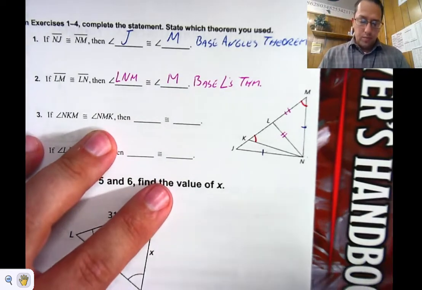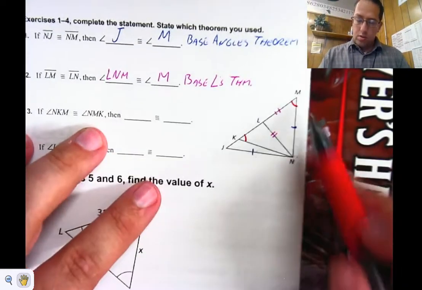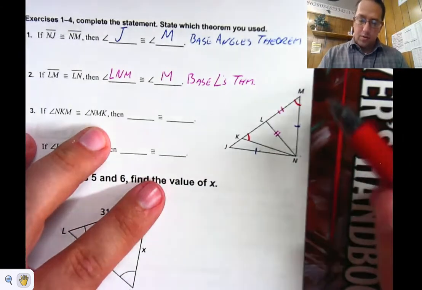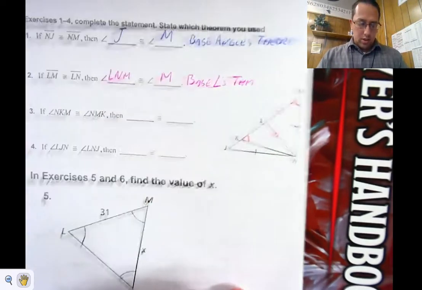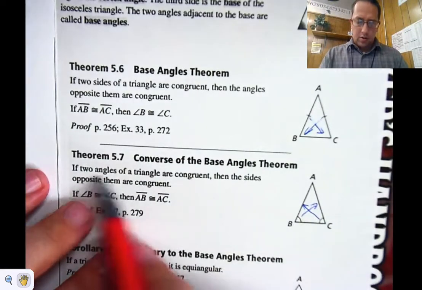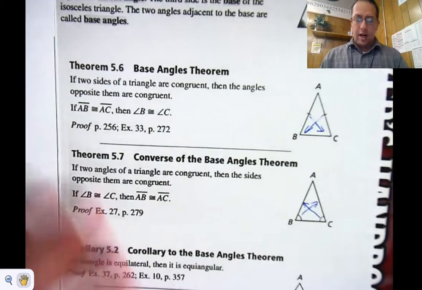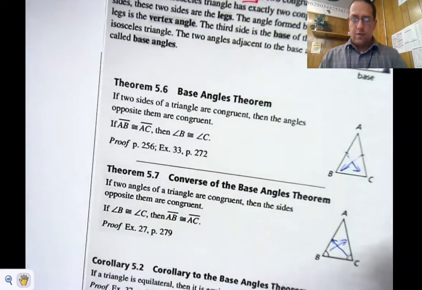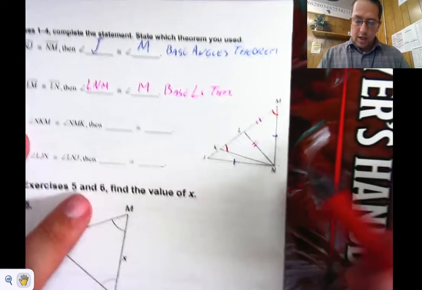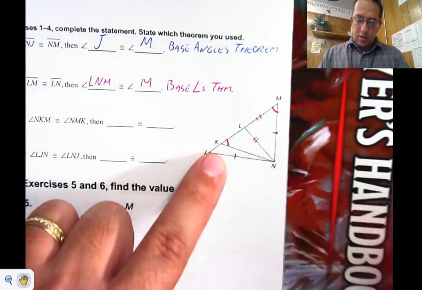All right. So we've got two angles congruent. We need to figure out what else is going to be congruent. Well, what happens if we have two angles of a triangle congruent? If two angles of a triangle are congruent, then the sides opposite them are congruent. That is the converse of the base angles theorem. We just had that.